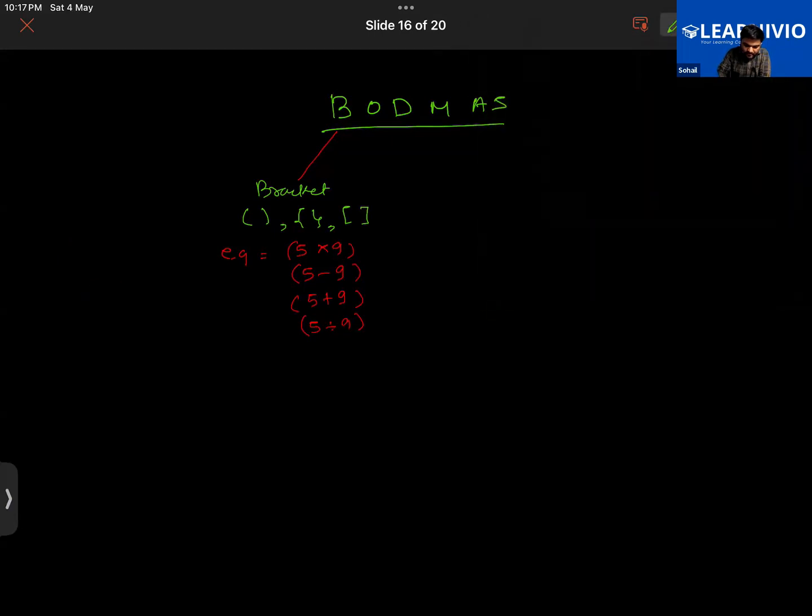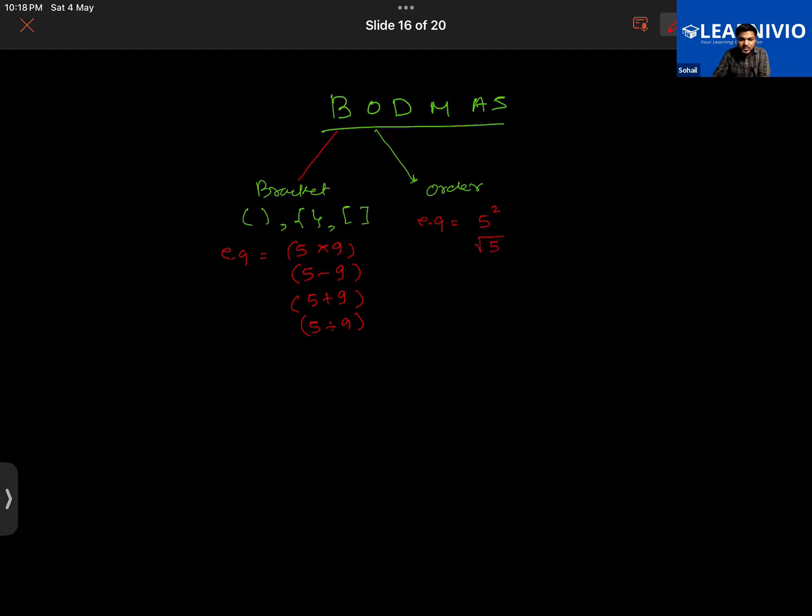Then O. What does O stand for? O here stands for order. As of this class, you don't have to study about this, but still, I think you should know about it. Try to understand it like this. You have operations like 5 square, or root under 5.